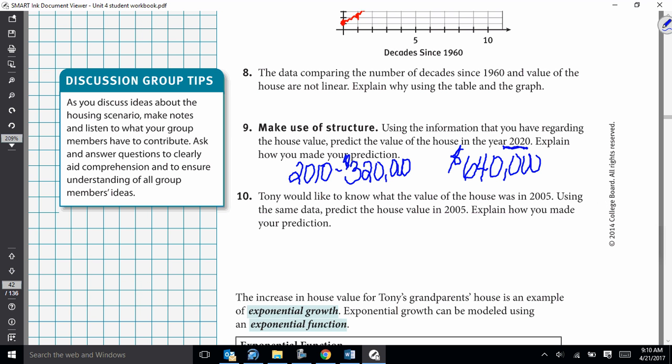Right, Tony would like to know what the value of the house was in 2005. Using the same data, predict the house value in 2005. So 2005, that's not a full decade, right? It's half. So how many decades since 1960 is 2005?